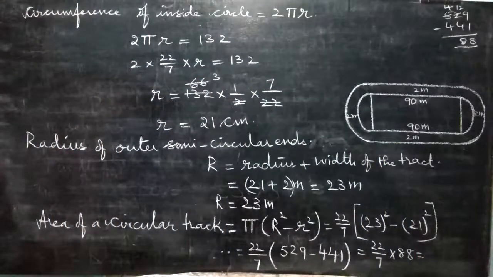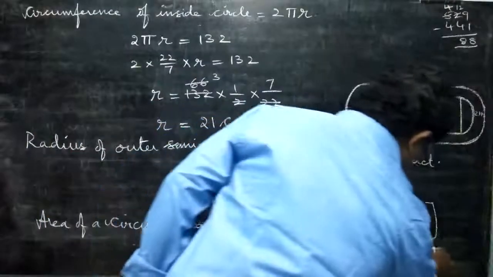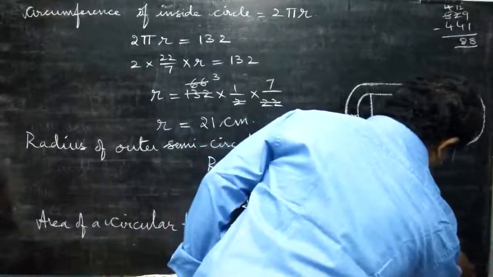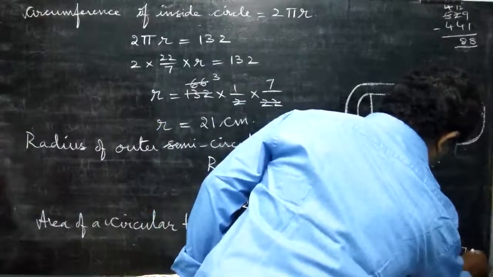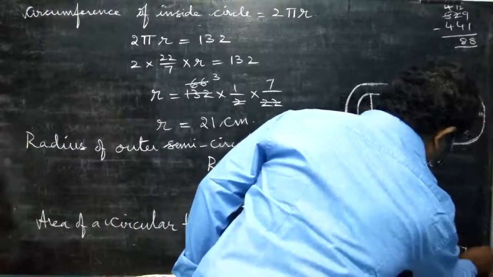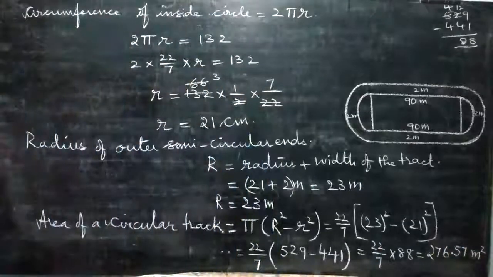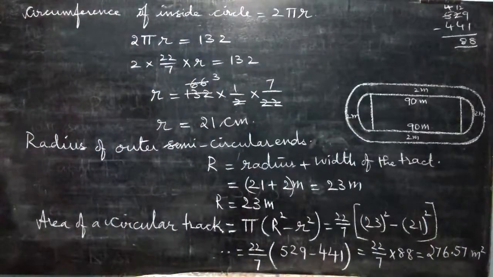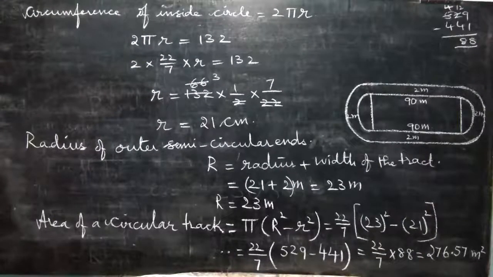How much will you get? Simplify, 7 cancels in 88 and multiply with 22. So that you'll get 276.57 meter square.